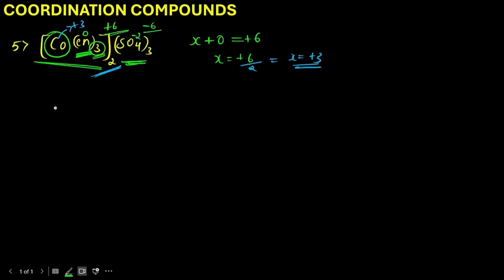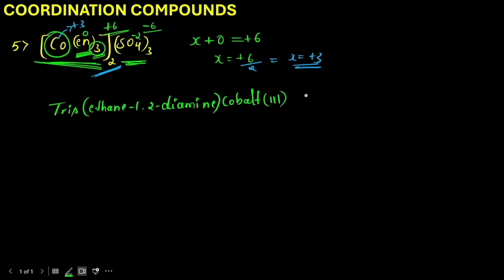Therefore, tris(ethane-1,2-diamine). Now you have to write the name of the metal. Since it is a cationic complex, the name of the metal should be written as the name of the element. Therefore, it is cobalt. What is the oxidation number of cobalt here? Plus 3. What is the counter ion here? Sulfate.